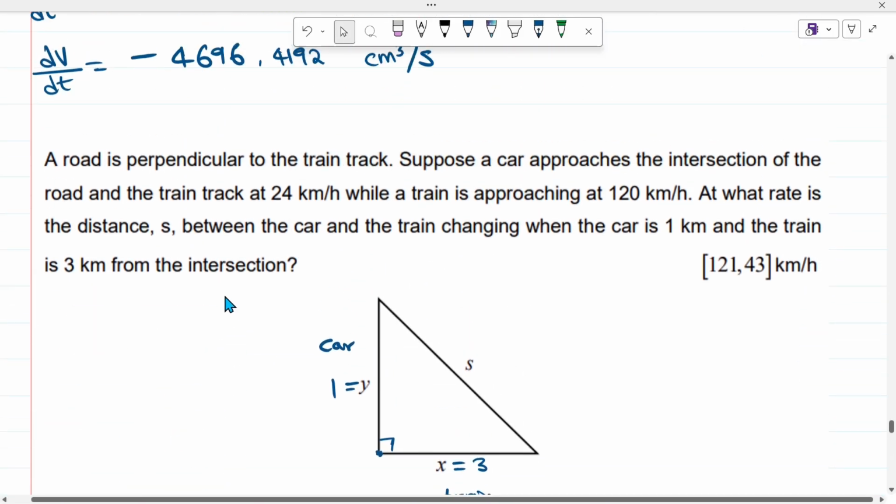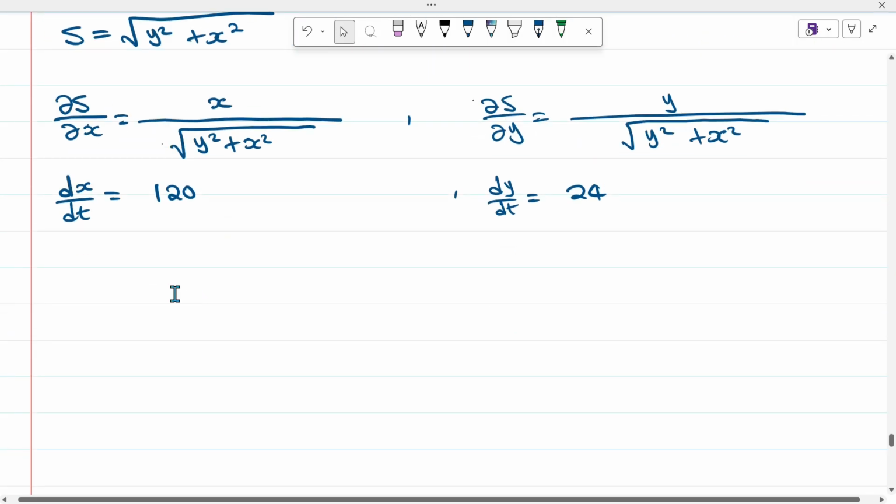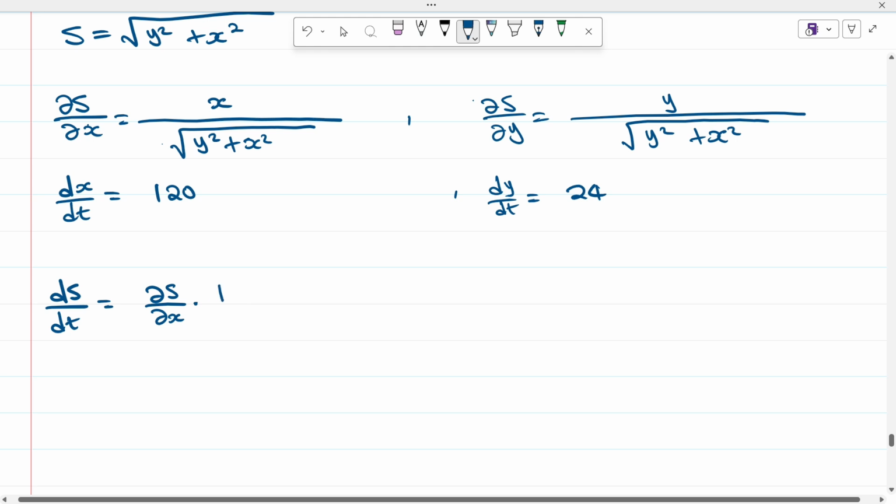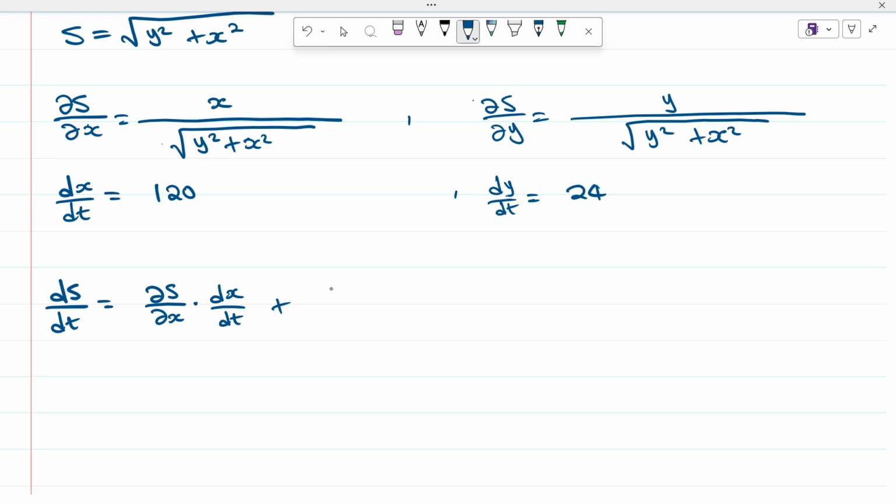So now we can write the formula for the rate of change of distance s. So ds/dt is going to be equivalent to the partial derivative of s with respect to x multiplied by the rate at which x changes with time, plus the partial derivative of s with respect to y multiplied by the rate at which y changes with time.